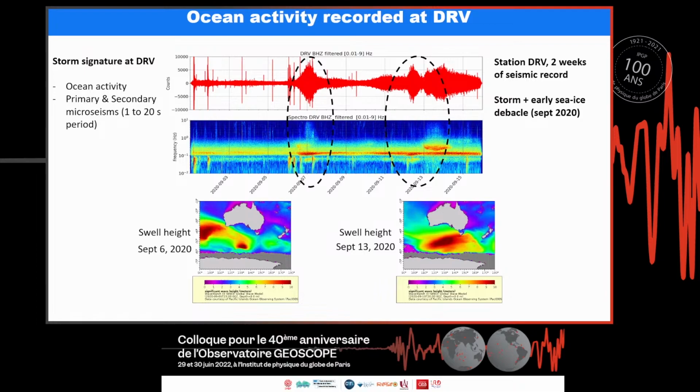And a second effect of the swell was generated by the second peak of the swell that traveled from the west to the east and finished to break the ice close to Widmer-Schnidrig.